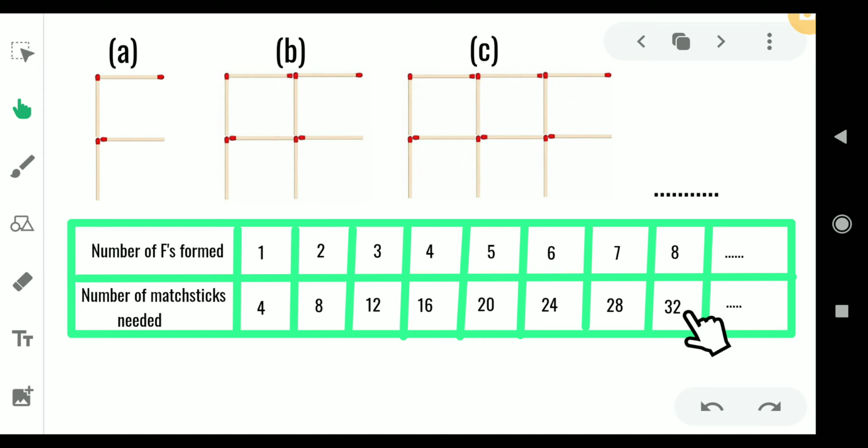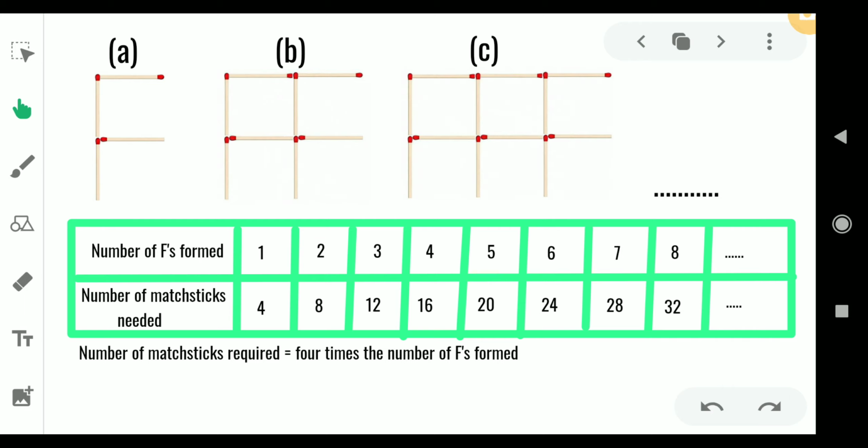Here the number of matchsticks required is 4 times the F's formed. So 8 F's are formed, and so 32 matchsticks are required. By this we can write this statement: to find out the number of matchsticks required, we must observe that it is 4 times the number of F's formed.